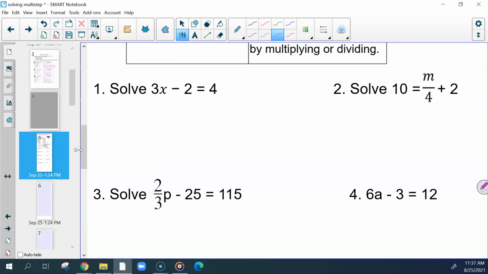So with number 2, if I wanted to solve for m, I need to get rid of everything else. I need to get rid of the 4, I need to get rid of the 2, but I can't get rid of the 4 just yet. So I'm going to get rid of the 2 first. How would I do that? And remember, we're doing this to both sides.